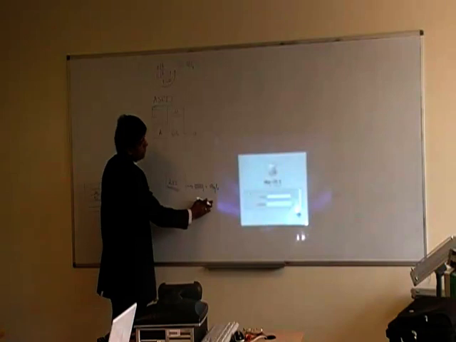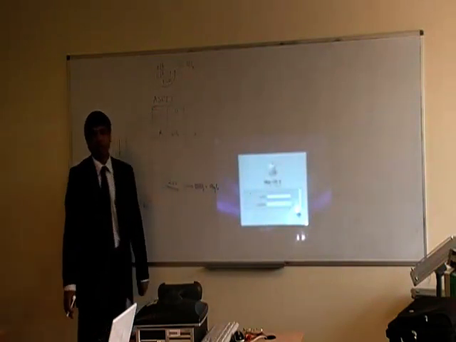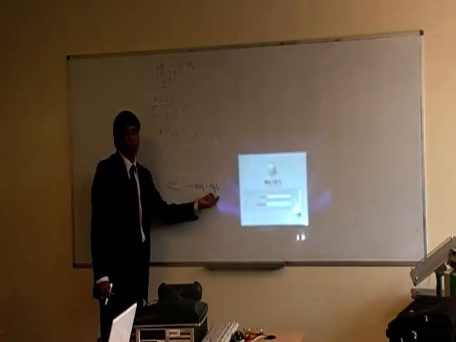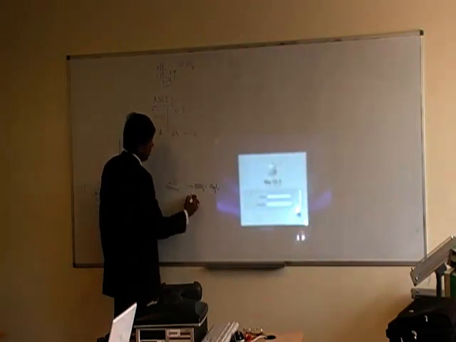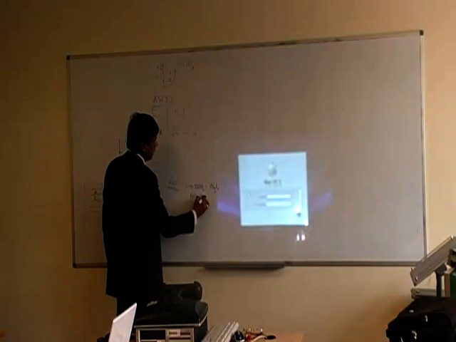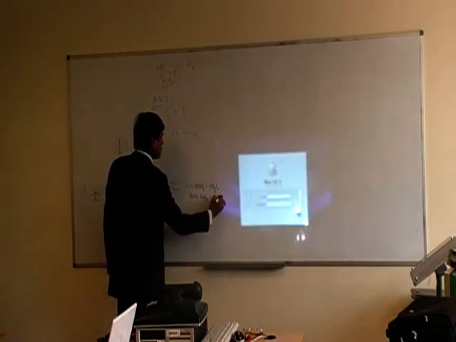In order to measure a large amount of information, we use multiples of bytes. Byte is the basic unit. 1024 bytes equal 1 kilobyte.